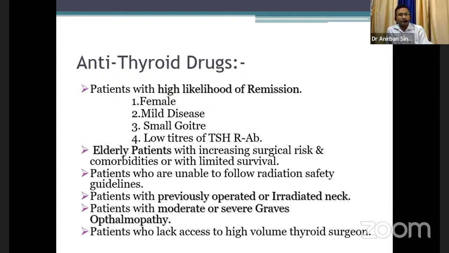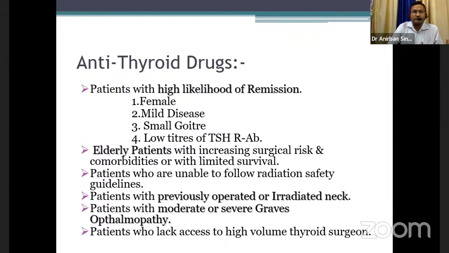The antithyroid drugs also have immunogenic capacity. With Graves' disease and a high TSH receptor antibody, these patients are favored for response. Patients with limited surgical options or who are unable to follow radiation precautions, because of getting pregnant or something, or when radiation is contraindicated, or when the operation is not possible, we are left with the option of antithyroid drugs.